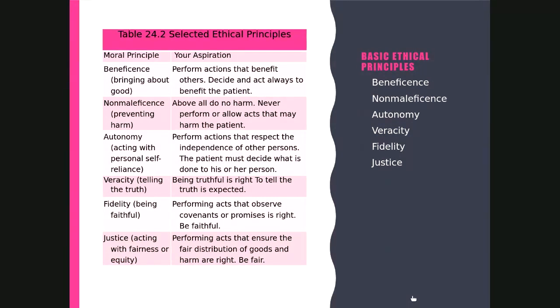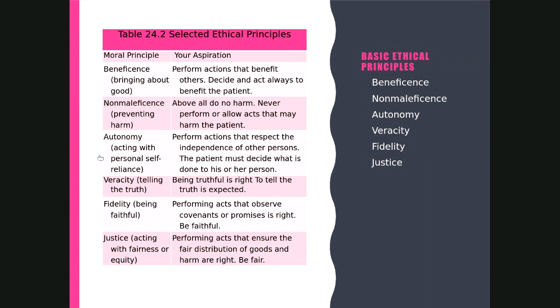Autonomy is acting with personal self-reliance. You want to perform actions that respect the independence of other people, and the patient has the authority to decide what is or is not done to themselves. Autonomy, unless they have a power of attorney, like let's say you have a patient that has Alzheimer's, and maybe their husband or their wife or their son has power of attorney, meaning that they can make decisions for them.